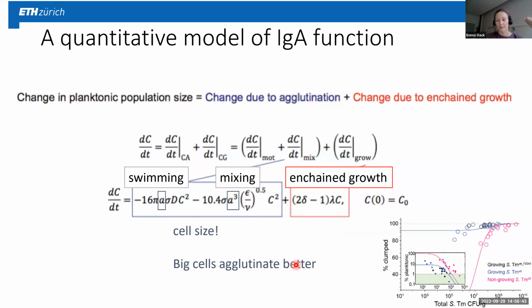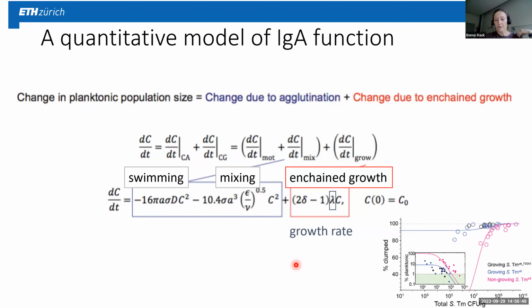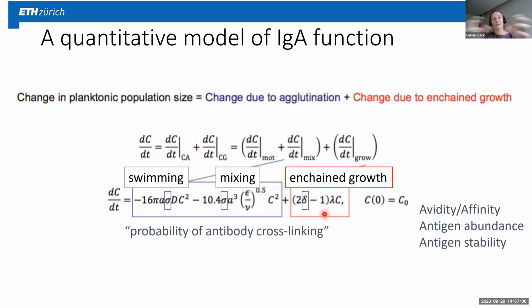So big cells will always agglutinate better. The size of the cells is irrelevant for the enchained growth, but what is important for the enchained growth is the growth rate, right? So faster growing bacteria will be more efficiently enchained, simply because the crosslinks have less time to fall apart before the next growth cycle starts.